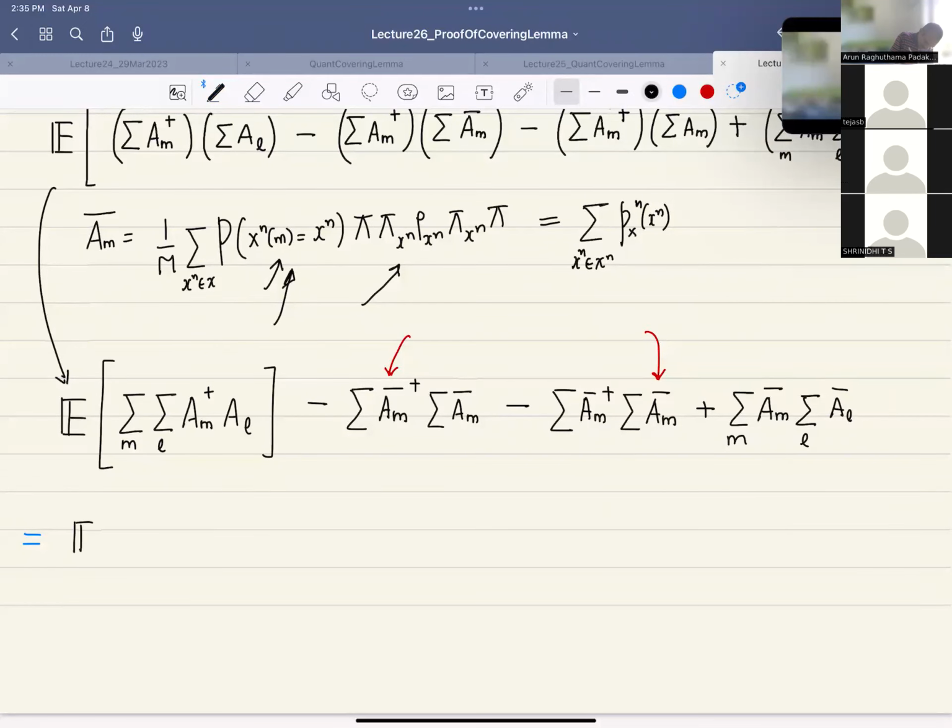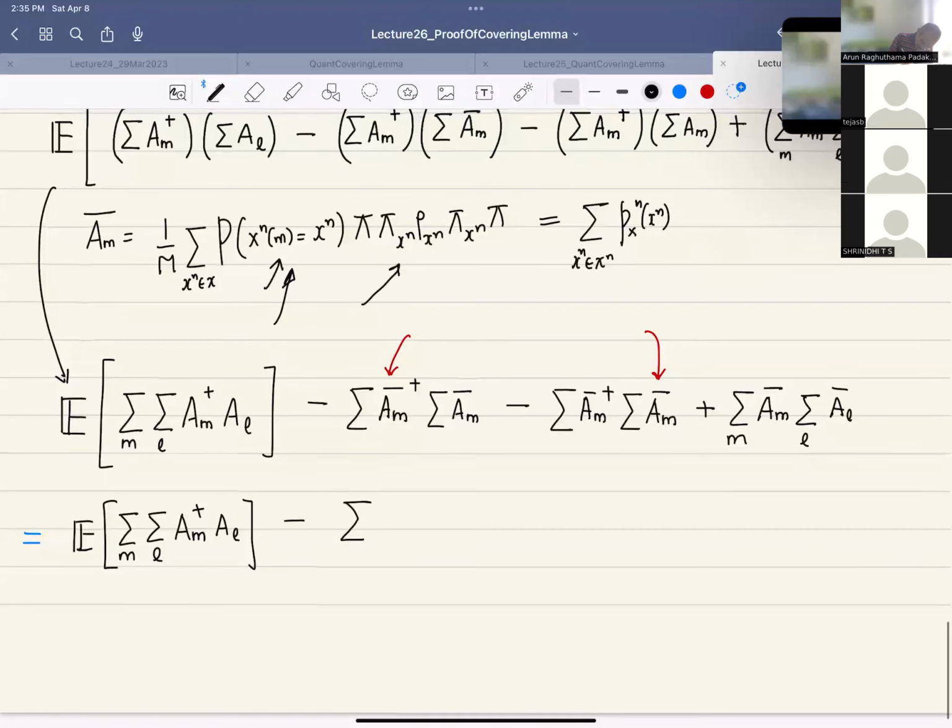It's obvious, but because they're operators, you might be always thinking, okay, I have to be careful. AM dagger AL minus, can I write this?